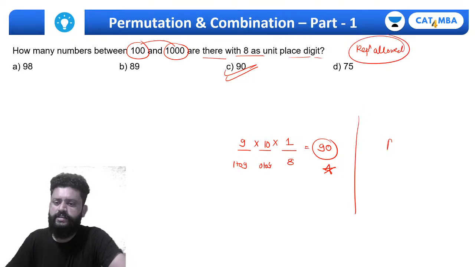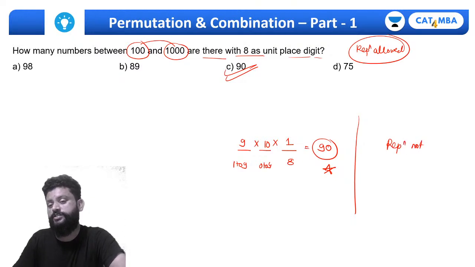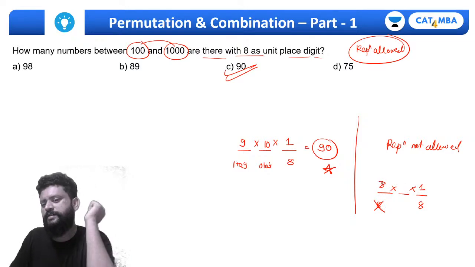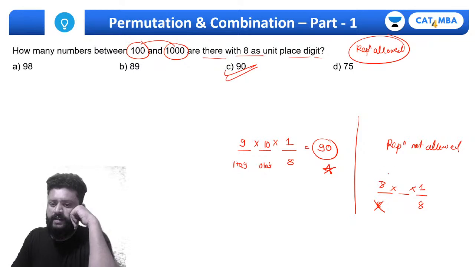Had the question been with repetition not allowed, let me solve that here. If this question were with repetition not allowed, what would we do? The last digit has to be 8, so the first place cannot be 8, we cannot use 8 now, so we'll have 8 choices here.